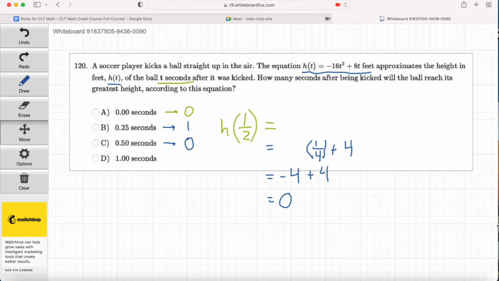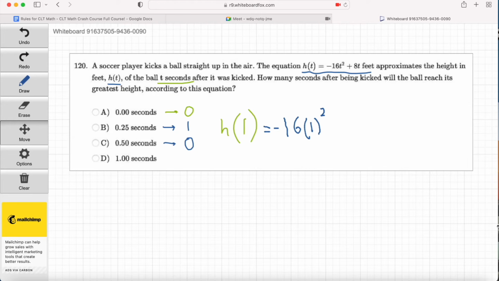Does that make sense why B is looking good? Yeah, because the ball's gone back down to the ground. All right, let's plug in a 1 for T. I think the arithmetic here is going to be really straightforward, so plug it in, let's see what happens. Looking good.